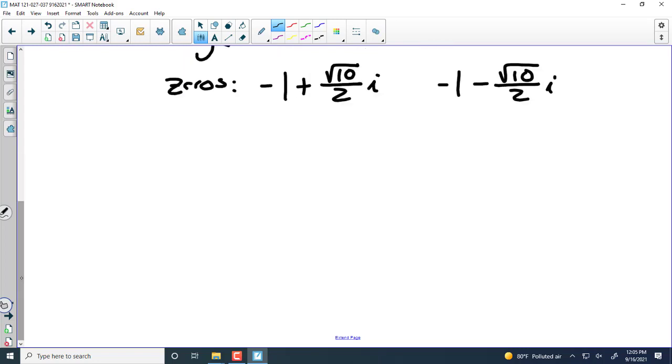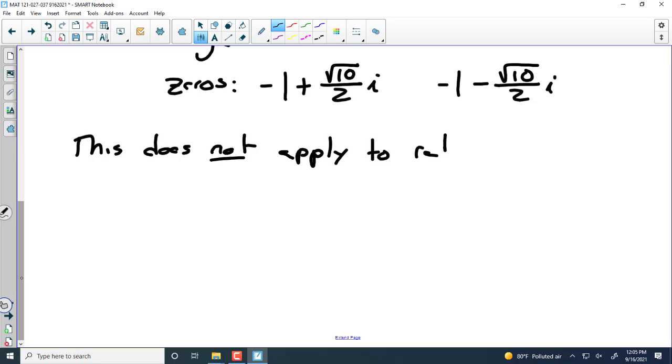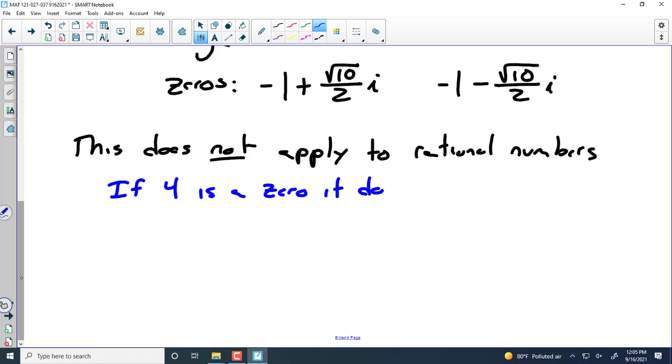All right. This does not apply to rational numbers.